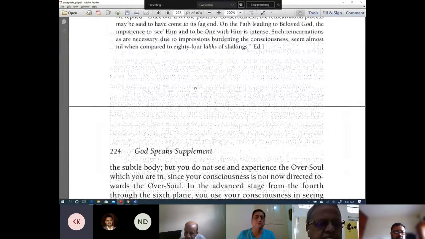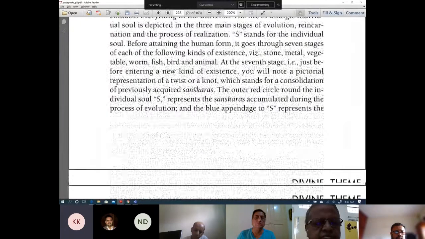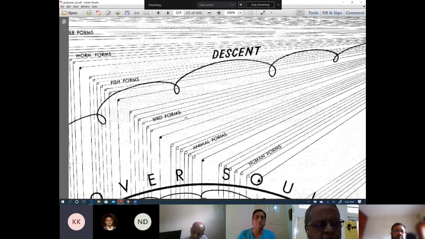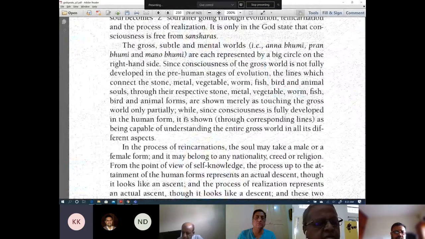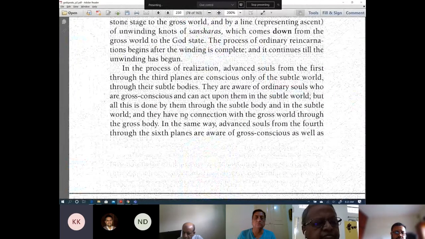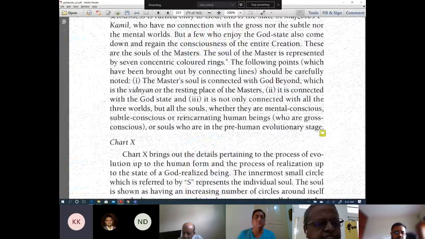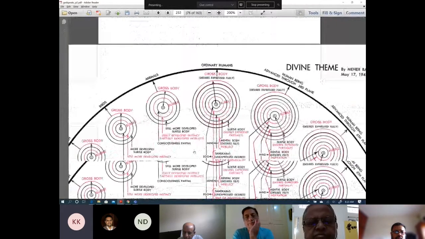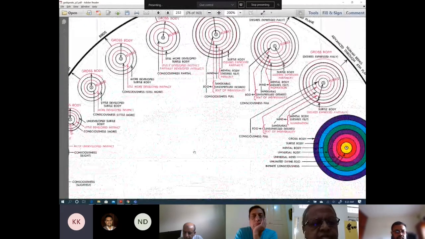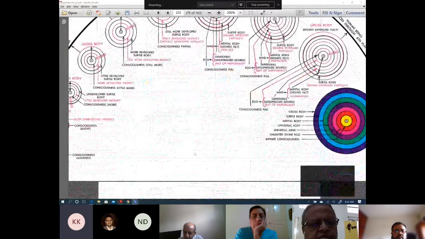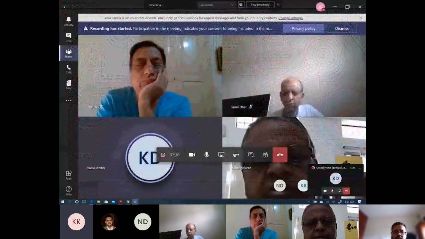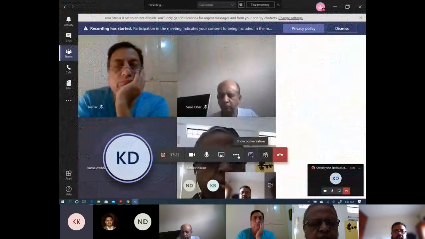And then after that, from the first plane to the sixth plane, the dissolving of the samskaras. So you are dealing with subtle body and subtle sphere from the first plane to the third plane. The fourth plane is the threshold between the subtle and the mental plane. And in the fifth and sixth, you're dealing with the mental body and the mental sphere. And then the seventh plane is union, basically. Correct.